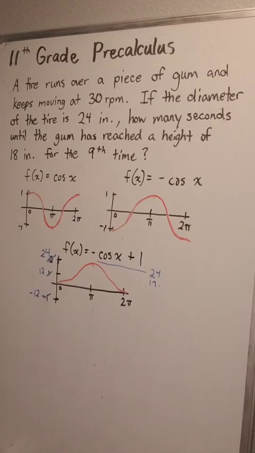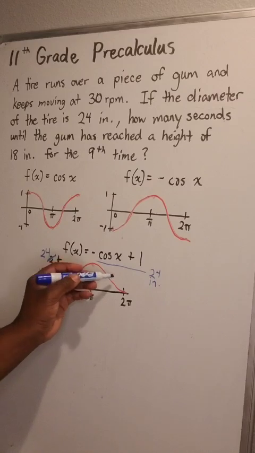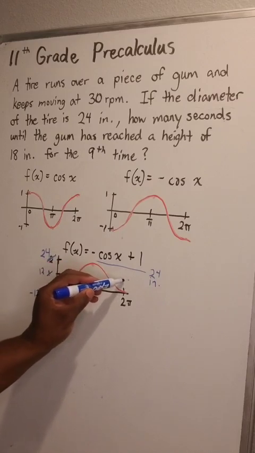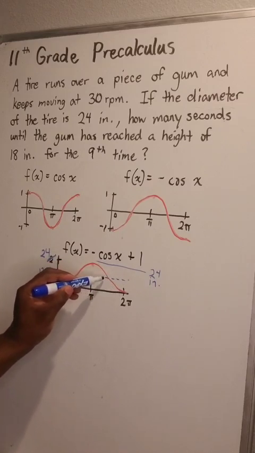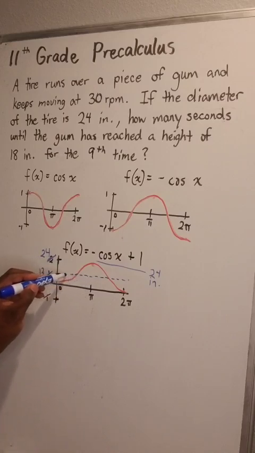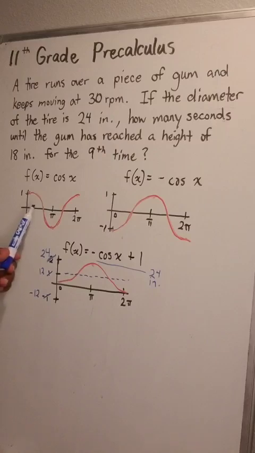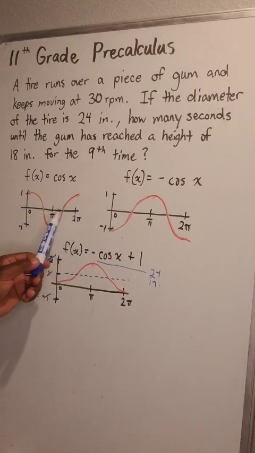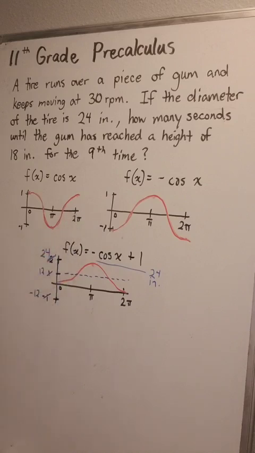So the amplitude of this. The amplitude here is going to be 12. And the reason how we know the amplitude is we're going to draw just this dotted line here showing the mid-level of this sinusoidal function. As you can see in the earlier iterations of this parent function, the x-axis served as that median.